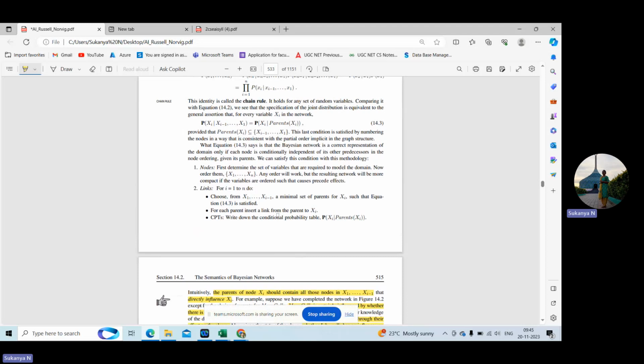This we can write as a conditional probability table, that is CPT. So these links can be written in a conditional probability table. So what is the link here? The table P of xi given parents of xi. Right.